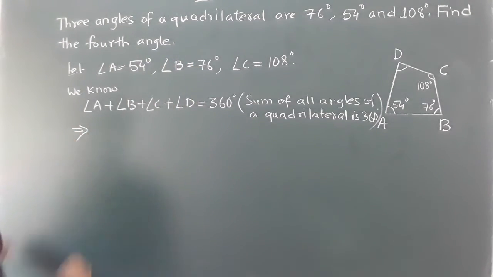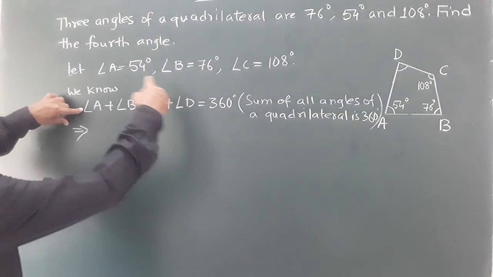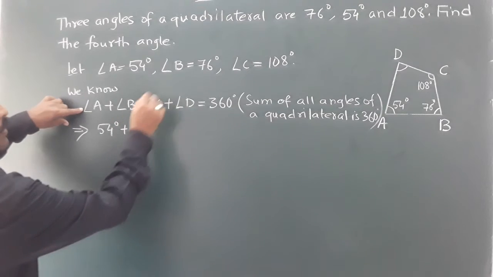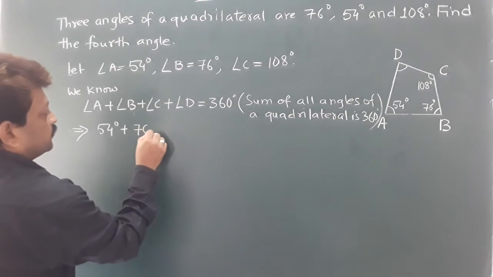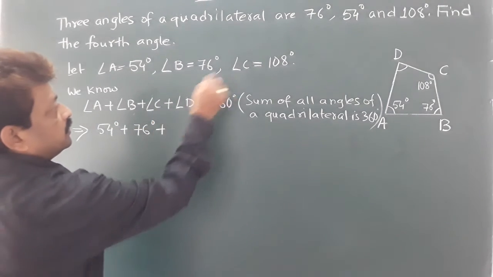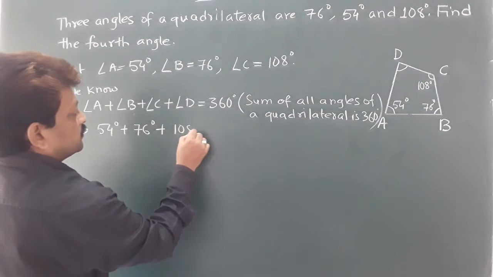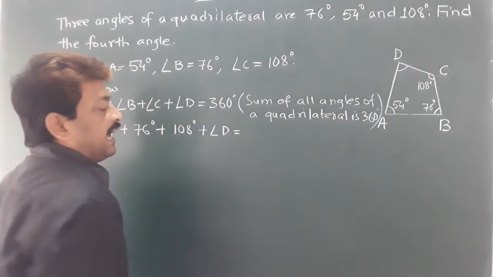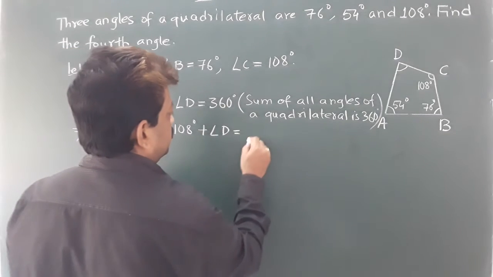Now let me replace the values of A, B and C. So A is 54 degrees, B is 76 degrees, C is 108 degrees and D is not known. So keep D as it is. Angle D is angle D.